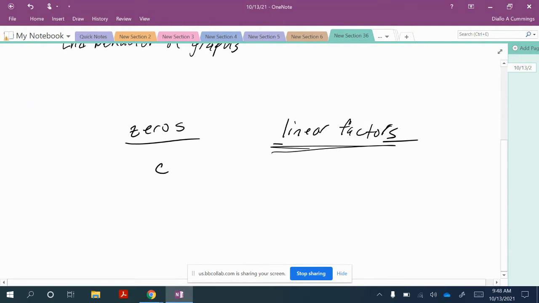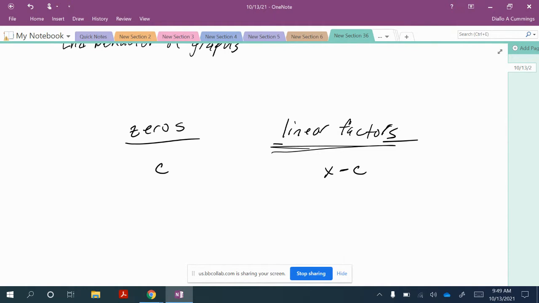Can be a constant, can be a fraction, can be a decimal, can be any real number. A linear factor is written in the form x minus C. So we can convert zeros to linear factors, and then vice versa. We can convert linear factors to zeros.